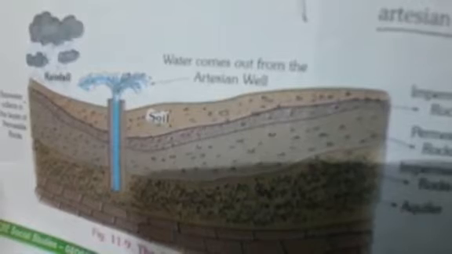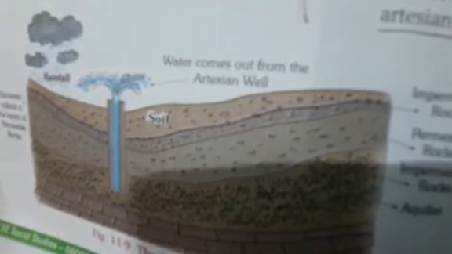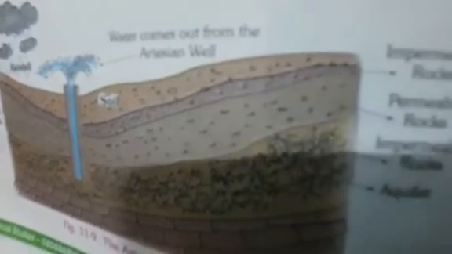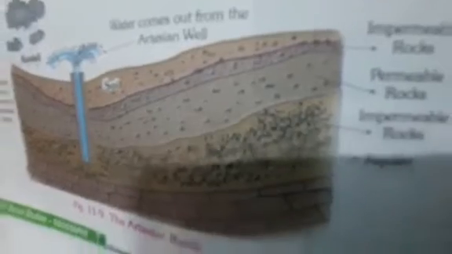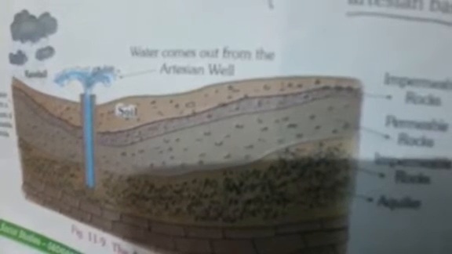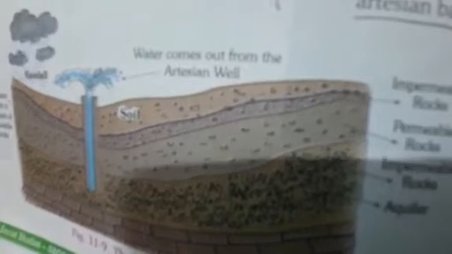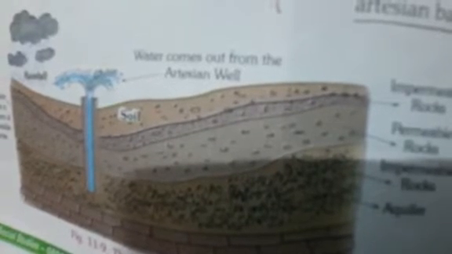And if you dig one tank, here the blue line, then automatically water comes from the aquifer. Here you see the aquifer is there. What is an aquifer? The surface water percolates into a watery basin, and that is known as an aquifer.